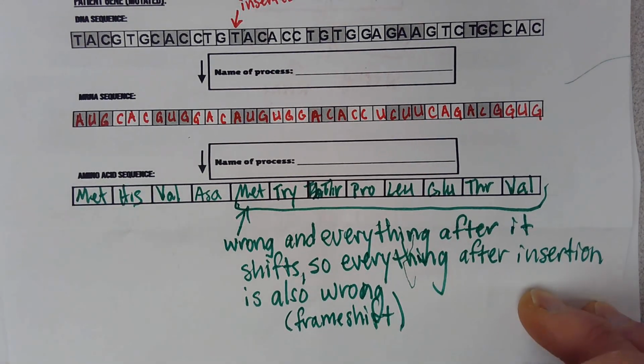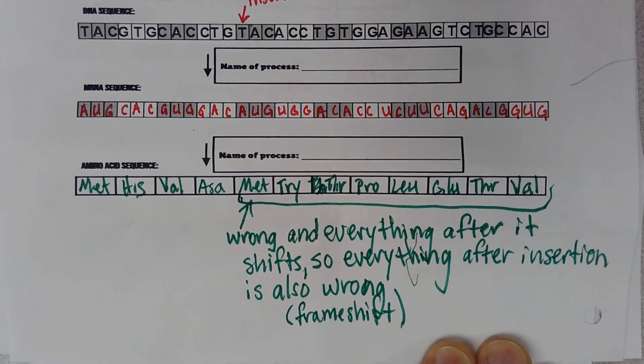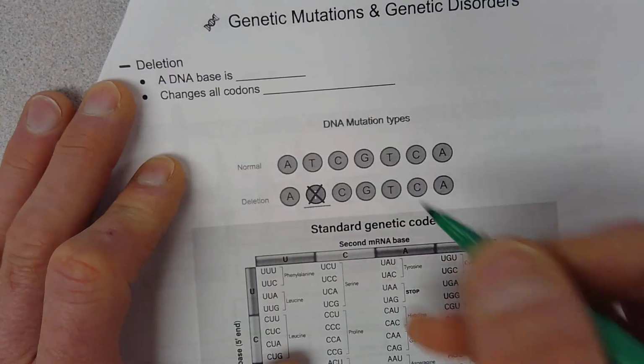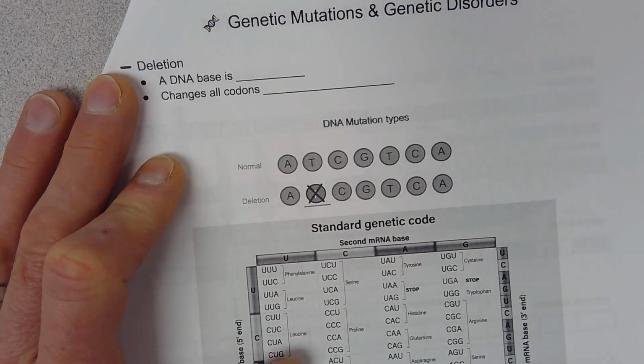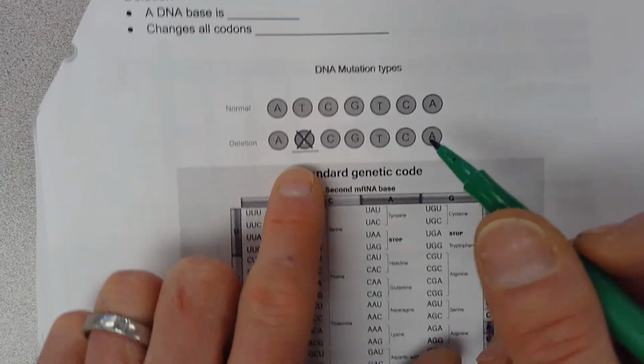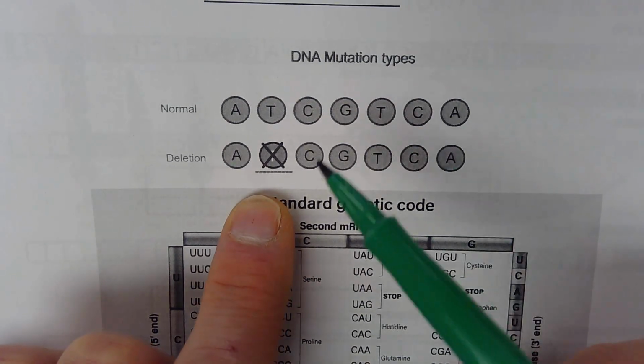All right. We good? No? I see people still writing. All righty. Here we go. So now the other kind of frame shift is deletion. Same idea, we're just getting rid of one of the base pairs, or one of the bases.